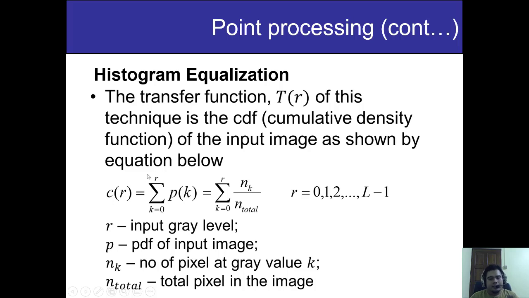Back to our objective. Why do we need the cumulative distribution function as a transformation function?